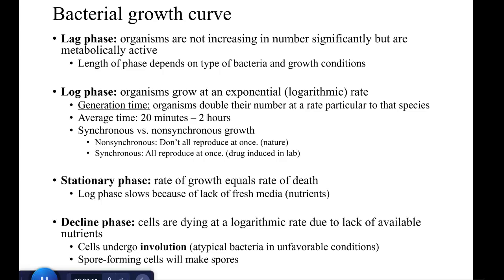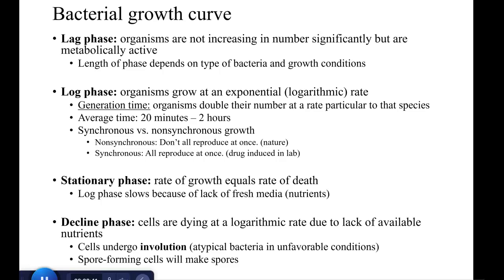Depending on the textbook, sometimes you'll see death phase as opposed to decline phase. Either one of those, they both begin with D. This is when cells are dying off at a logarithmic rate. Waste products are building up. They don't have nutrients. They also don't have water. So now they're dying off at a logarithmic rate. If they are endospore formers, they are really going to be making a lot of endospores. So they're just going to kind of go into that dormant state.